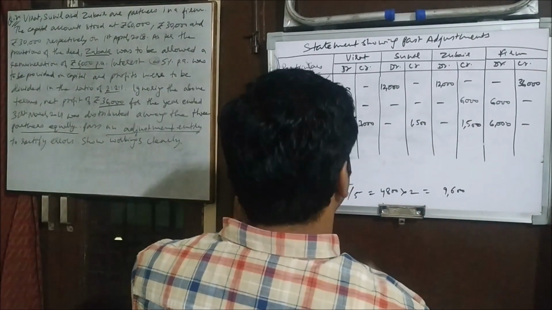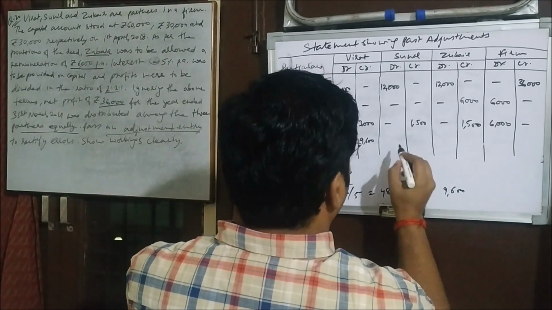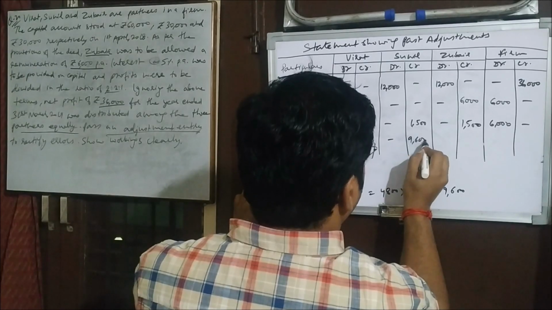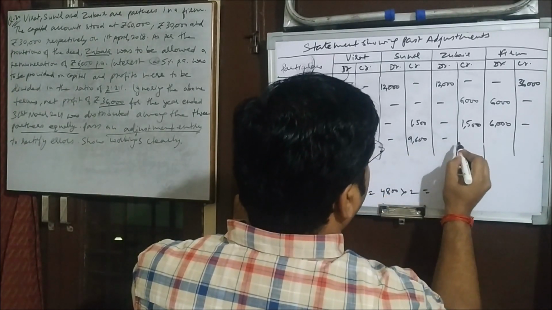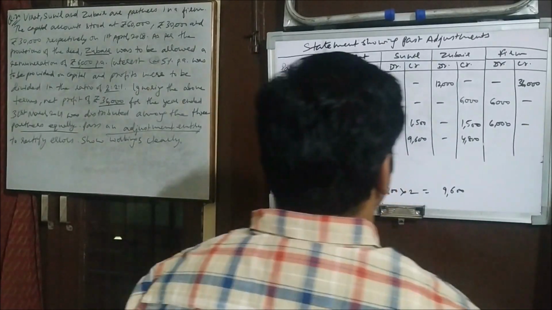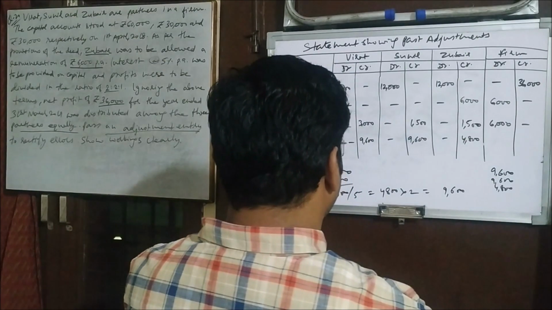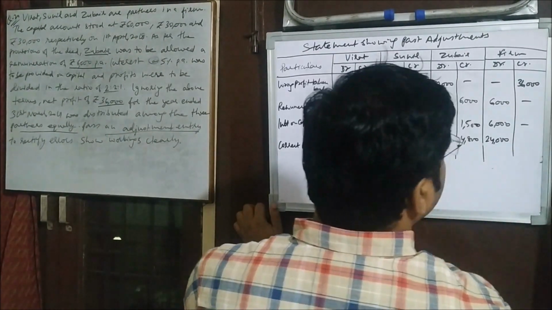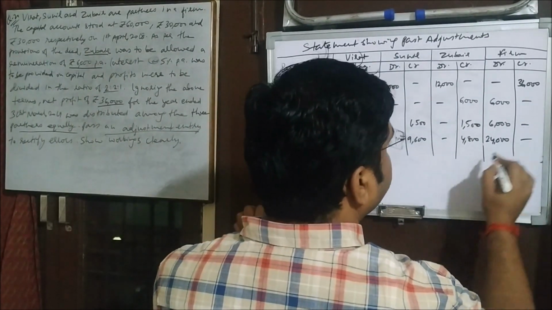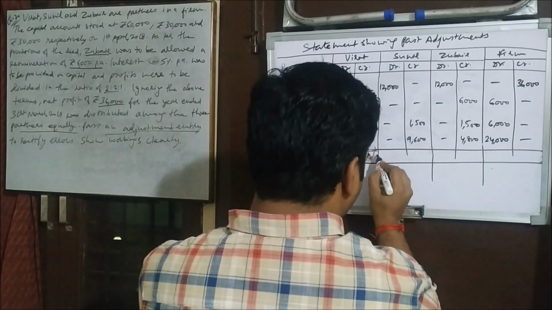So 9,600 for Virat and 9,600 for Sunil and 4,800 for Zubair, right? So the total is 24,000. So that 24,000 will come on the debit side because it has been distributed. Now we'll make the totals, and thereafter we'll calculate the net effect.